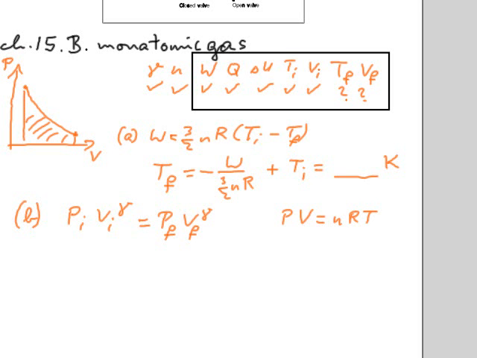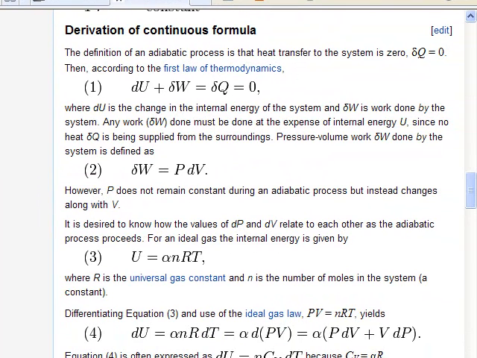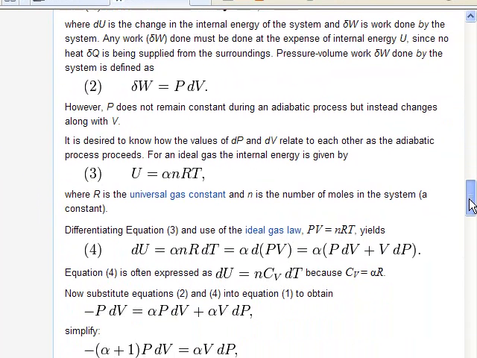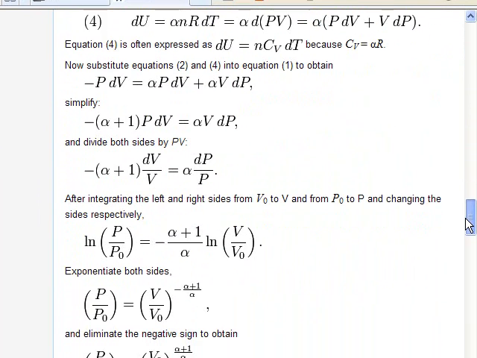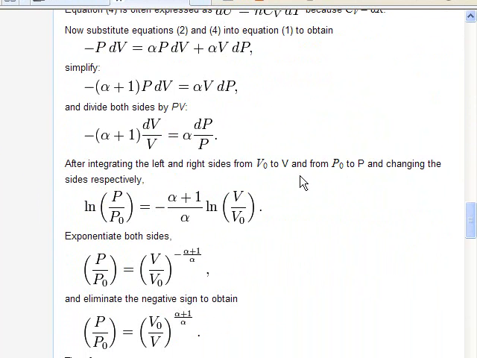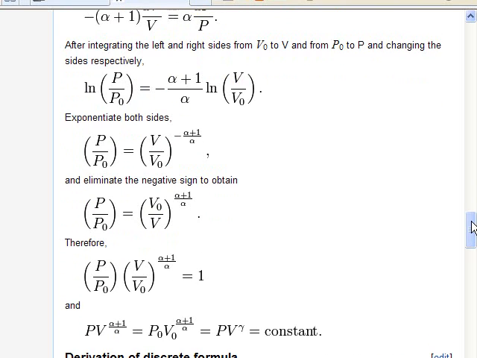By the way, in the book, all they say about the derivation of that equation is that it's done by integral calculus, and I got this here from Wikipedia. If you follow this one on the adiabatic process on Wikipedia, indeed that's what they do. They introduce another parameter called alpha, and then at the very end they substitute the gamma in for this alpha here, and there it is, PV to the gamma.